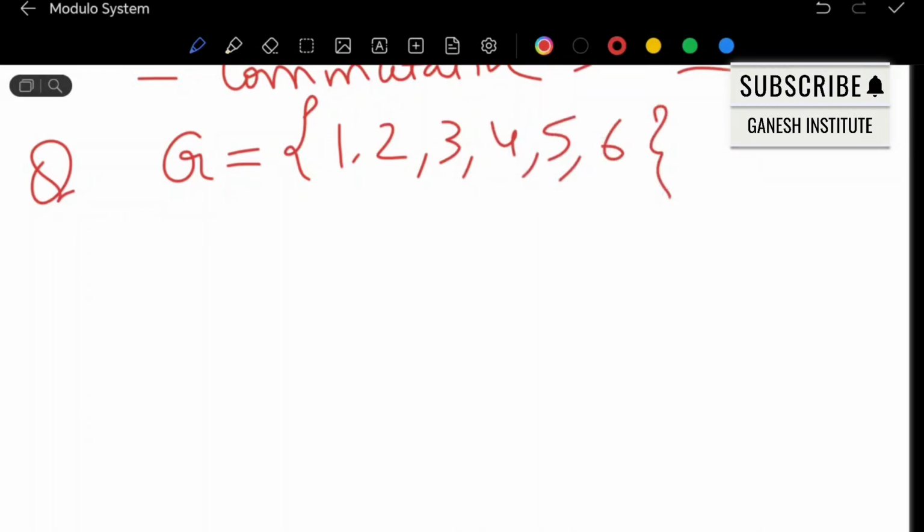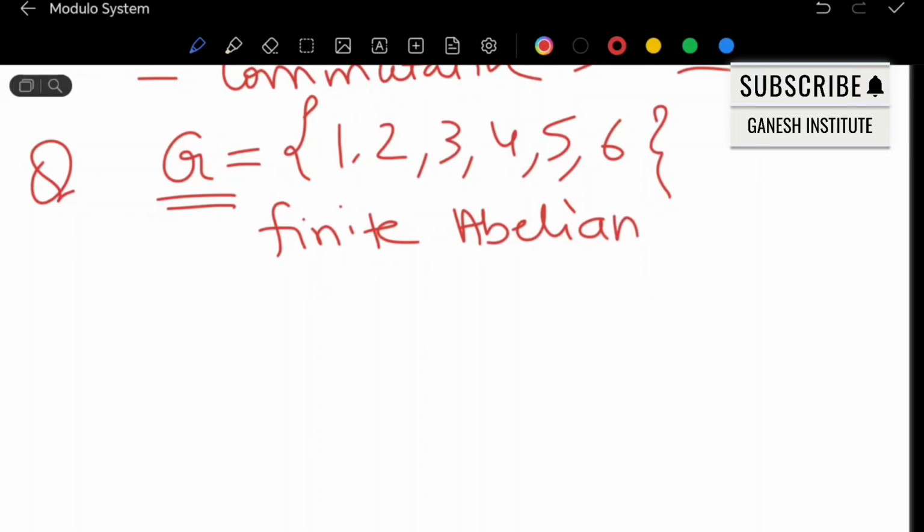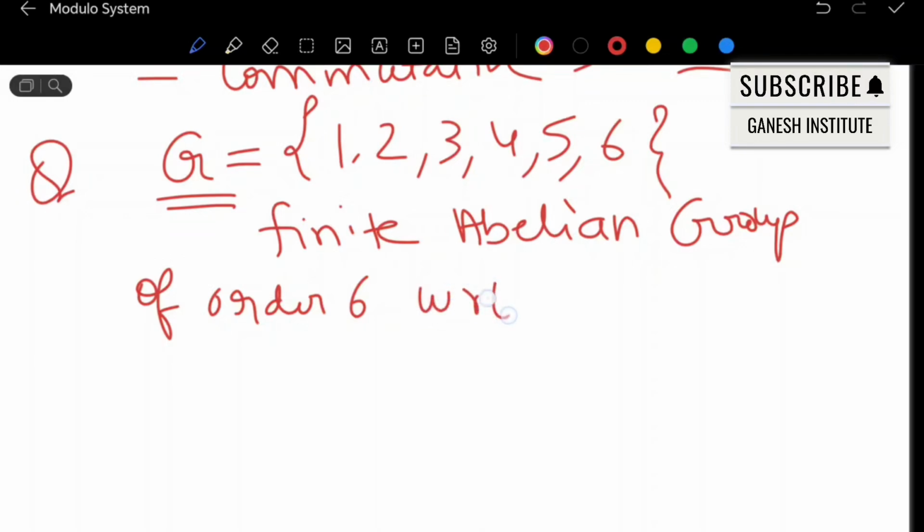You have to show that this is a finite abelian group. That is, you have to show all those 5 properties, but the given condition is the group having order 6 with respect to multiplication modulo 7.